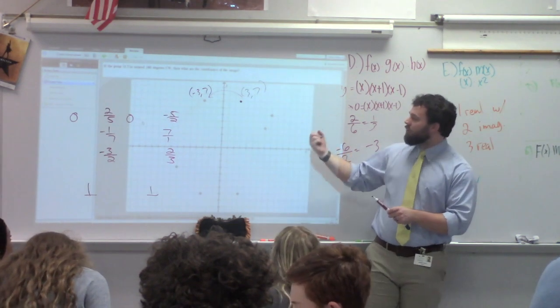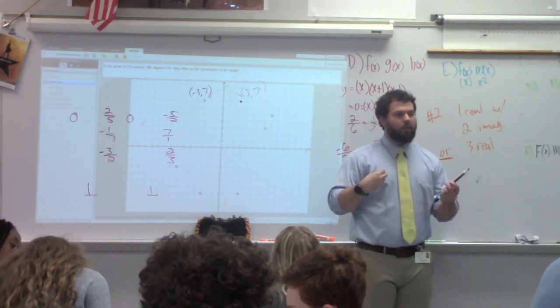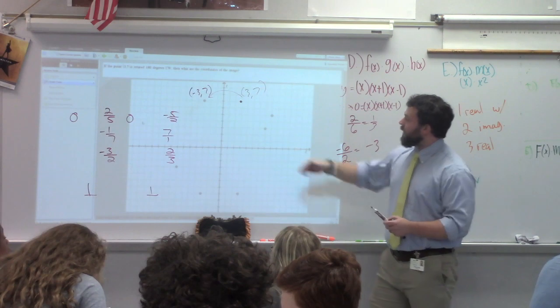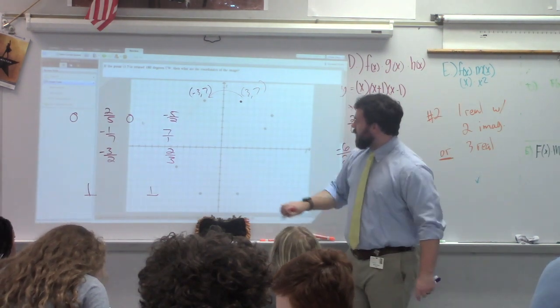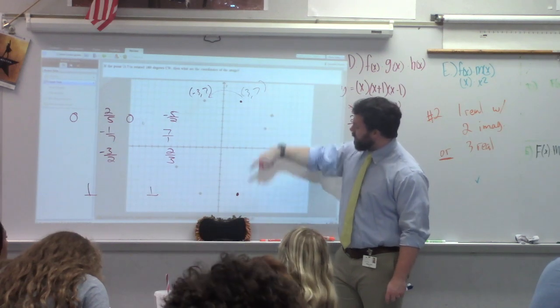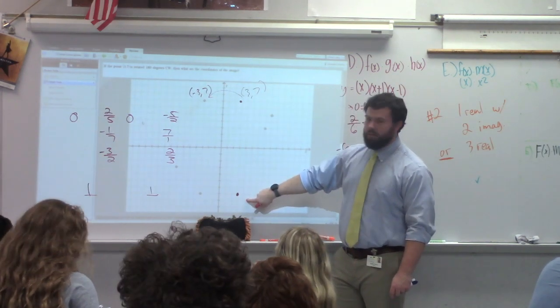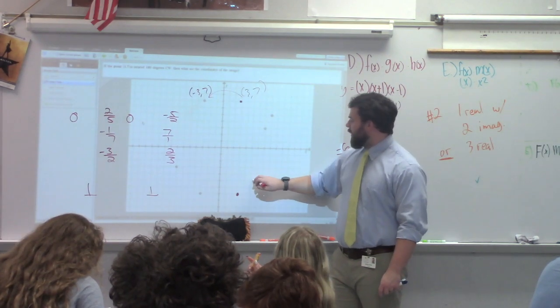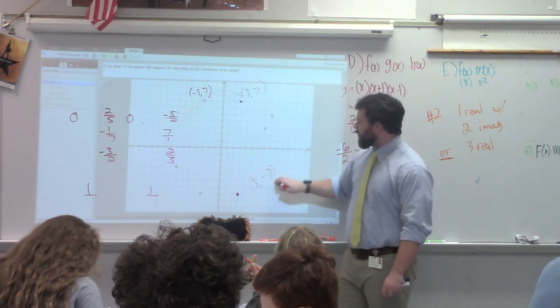And then when we're rotating, the x and the y switch, right? So we want to pay attention to those details. And so those x and y's didn't even switch there. To get this point, what had to happen? That'd be a reflection over the x-axis, right? Notice that's the point 3, negative 7, again, multiplying by a negative.